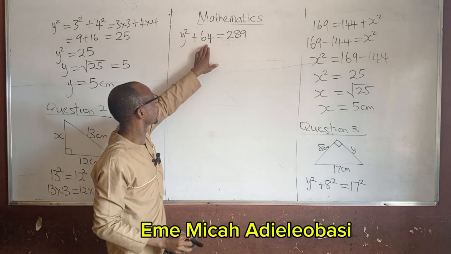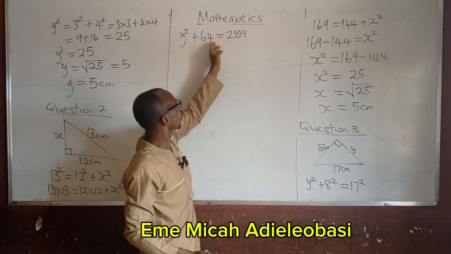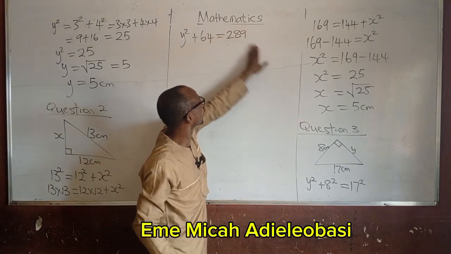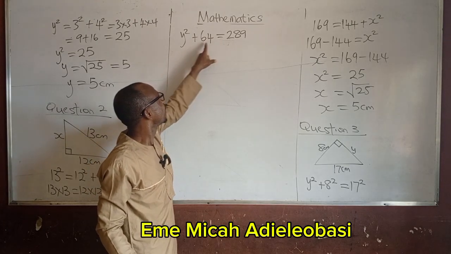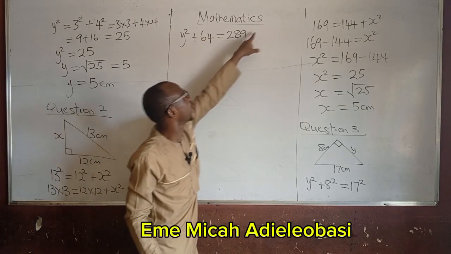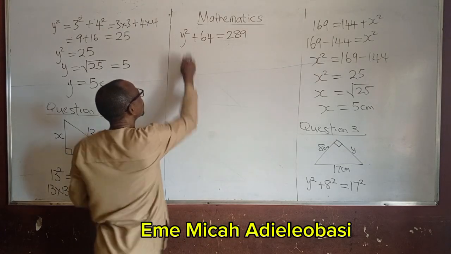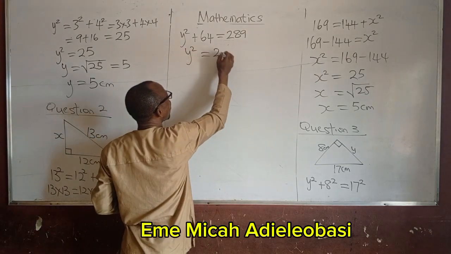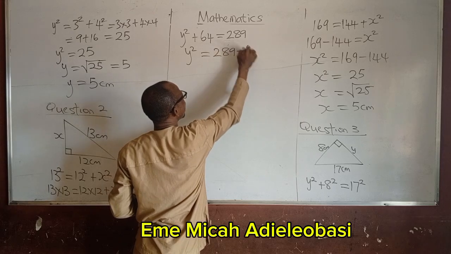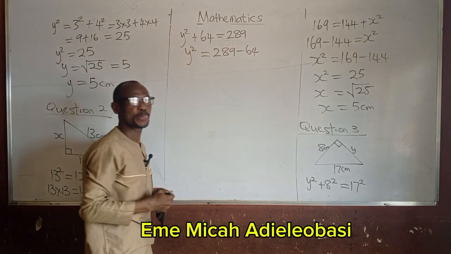So what we go do now? We go carry this 64, cross the equality sign, go meet the other value here. And when it cross the equal sign here, because na plus here, it go change to minus. So our y square will be equal to 289 minus 64.